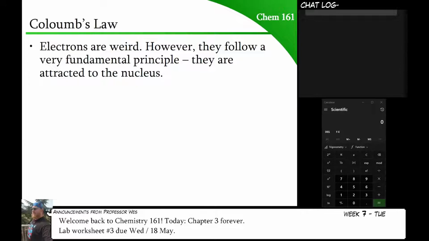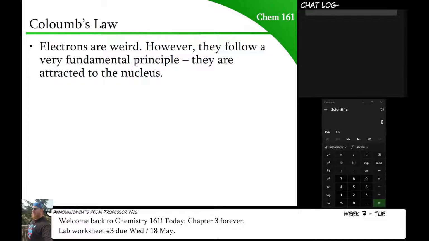So the first thing we want to talk about is that electrons in general don't follow classical mechanics. So it's very hard to predict where they are at any given time. But on average, they follow patterns that we can model.